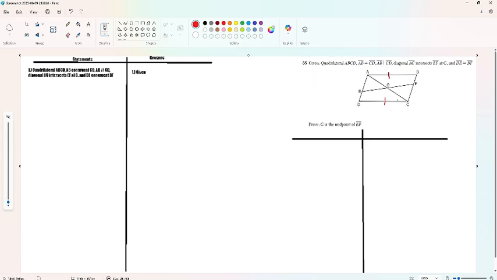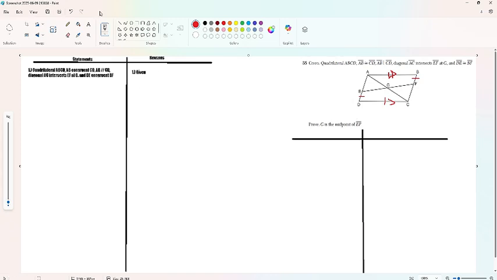AB is parallel to CD. Diagonal AC intersects EF at G, and DE is congruent to BF.